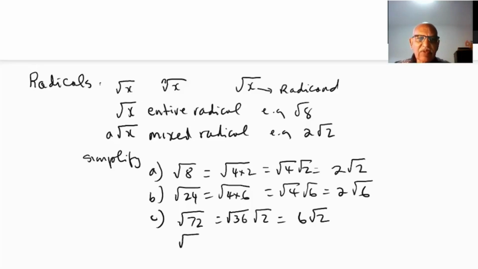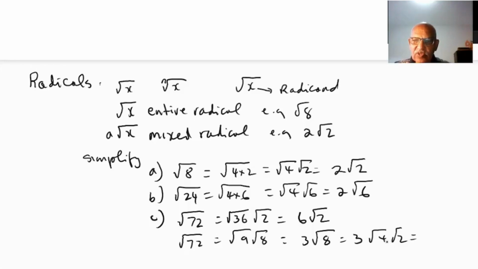Some students might go through, okay, square root of 72 is square root of 9 times square root of 8. Square root of 9 is 3 times square root of 8. But square root of 8 can be simplified. So 3 square root of 4 times square root of 2.